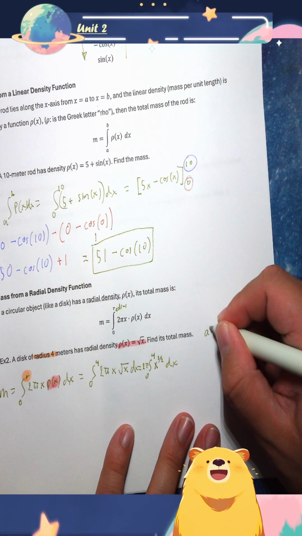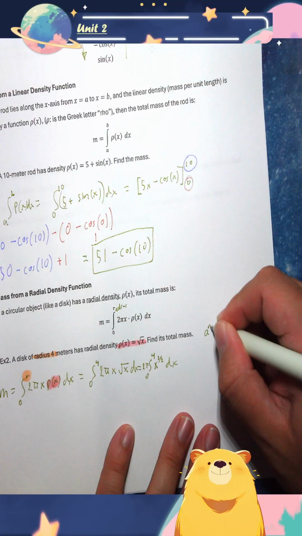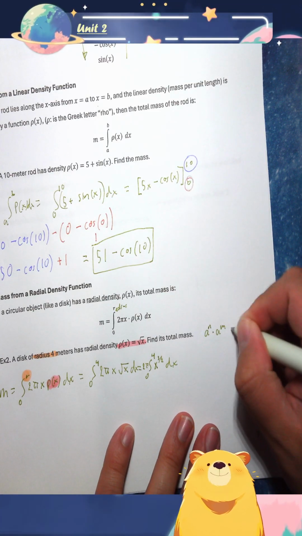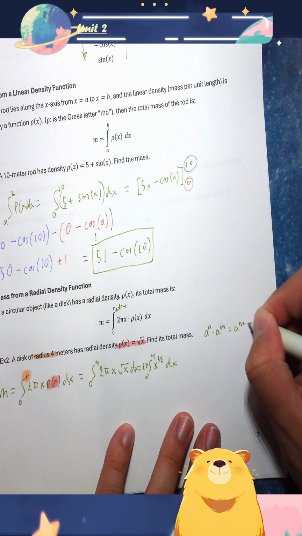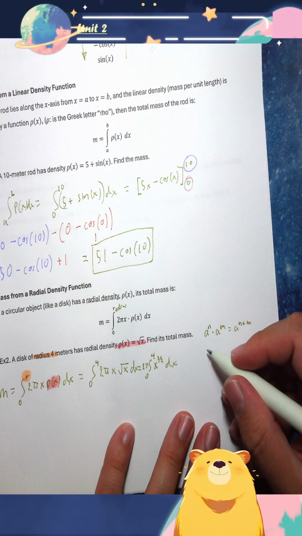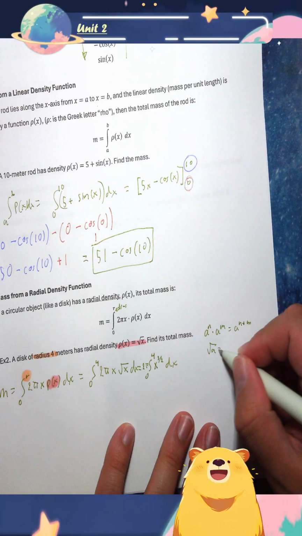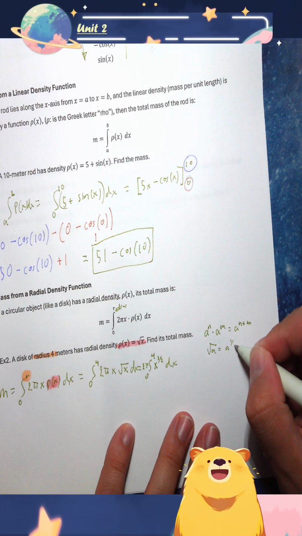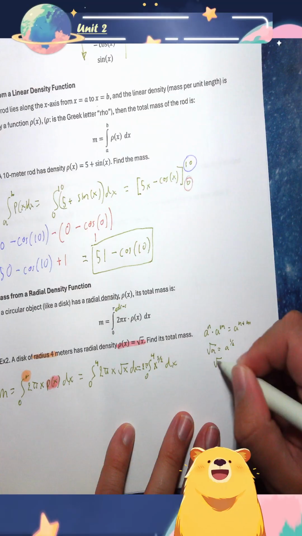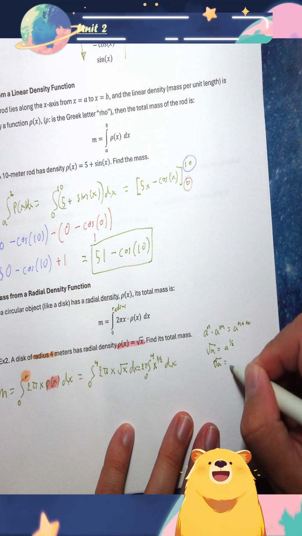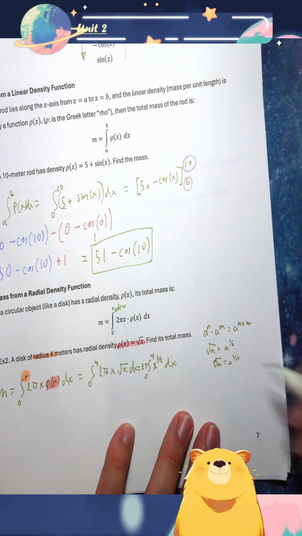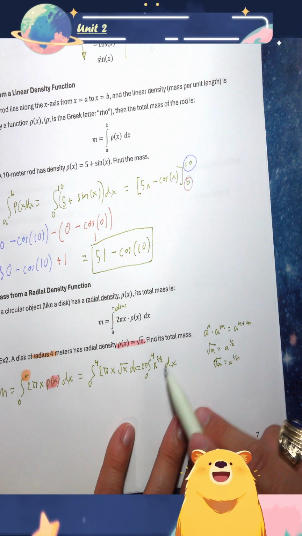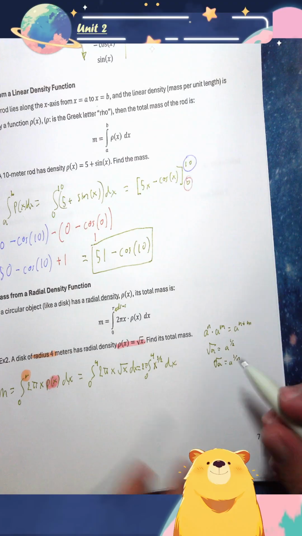When you have a to the power of n times a to the power of m, you can add them to represent one base. And then we know that the square root of a is really just a to the power of 1 over 2. And that the nth root for any n of a is just a to the power of 1 over n. So 1/2 plus 1 is just 3 over 2.